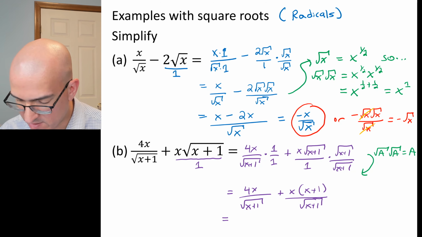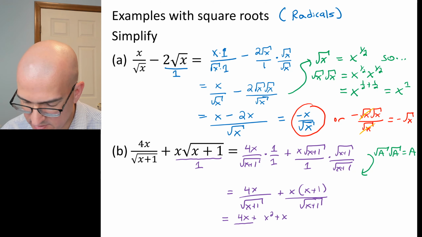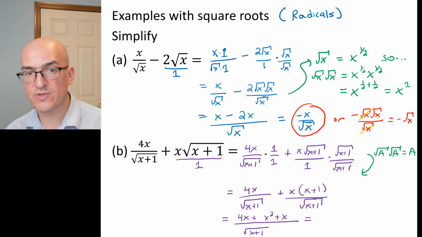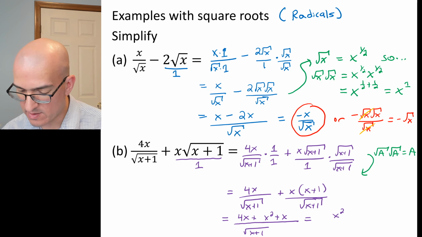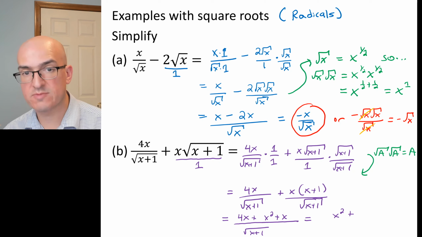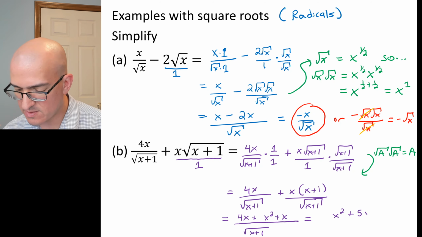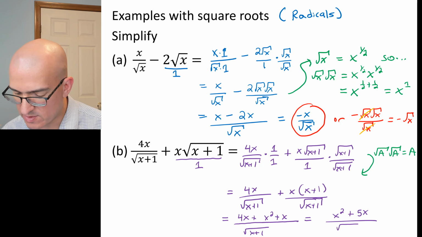Now we can combine the numerators together, 4x plus x times x plus 1. I'll expand that bracket as well. And now we can combine like terms and reorder the terms, putting the highest power of x first. So x squared plus 4x plus 1x is 5x over the square root of x plus 1.